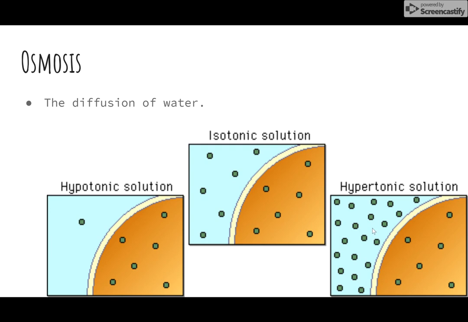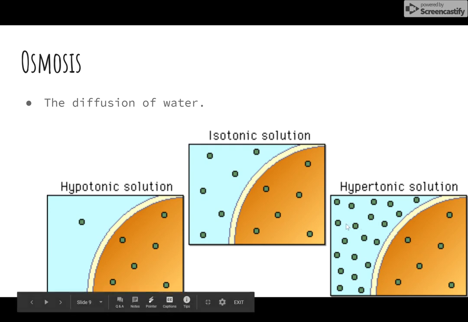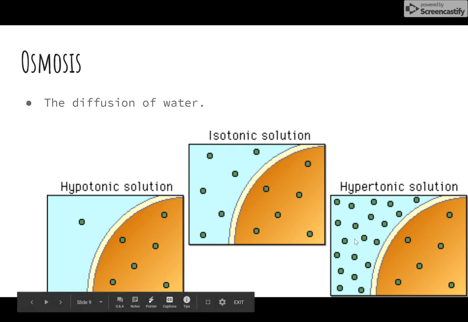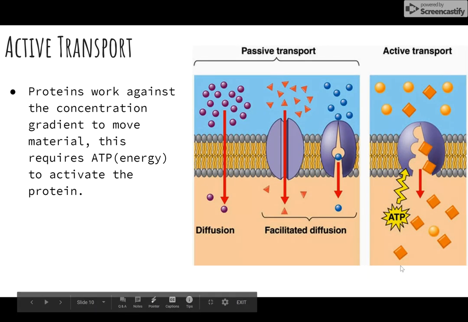So in hypertonic solutions, the water is going to leave the cell and go out into the solution. And that's to try and equalize the concentration of solute outside the cell with inside the cell. So the water moves in the direction of the highest solute, and so it's going to leave.